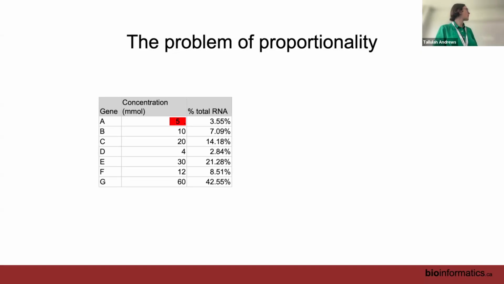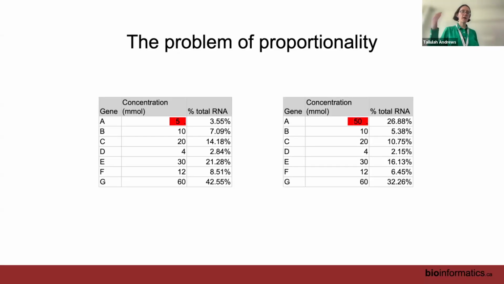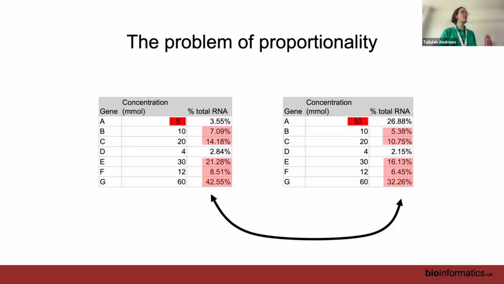If this was our single cell, and if we pretend we only have a small number of genes, and in one condition, let's say this is our normal case, we have 5 molecules of gene A. If we then go to a different condition in disease, maybe in cancer, now we have 50 copies of gene A. If we then calculate the percent of total RNA for each gene and compare between them, you'll see that all of the other genes look like they've gone down in expression.